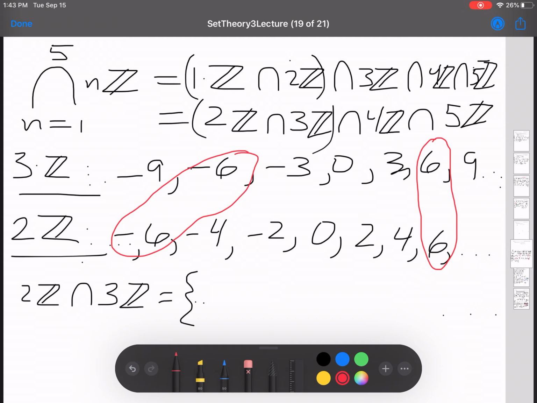Now, probably for your purposes, you're going to want to write out more of 2z and 3z to get a sense of what they have in common.